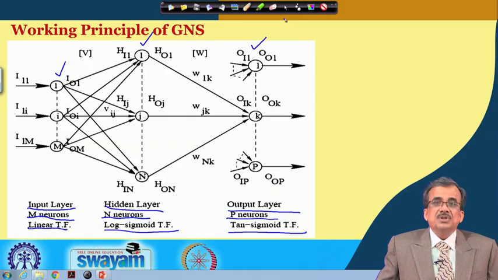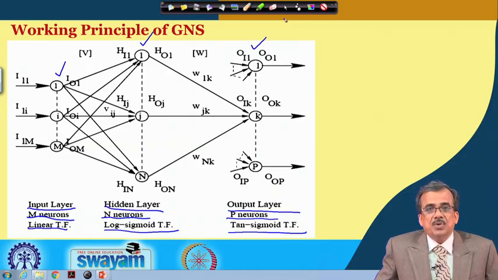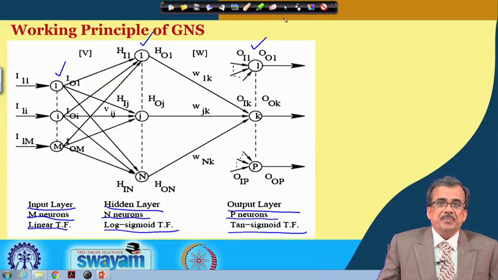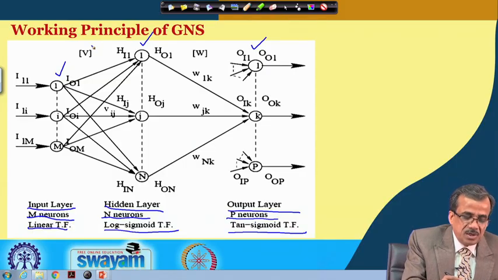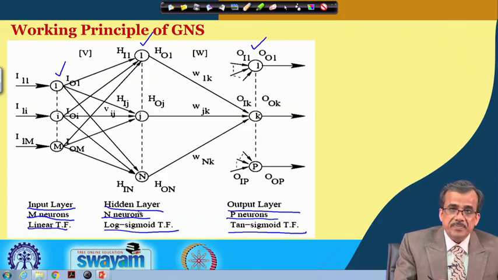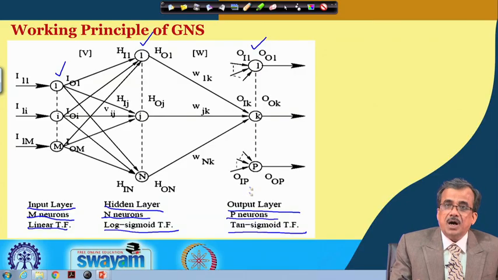Now, this particular network I want to optimize, or this optimal network we want to evolve with the help of a genetic algorithm. So, what I will have to do is optimize all the design parameters, like the connecting weights between the input layer and the hidden layer, and the connecting weights between the hidden layer and the output layer.